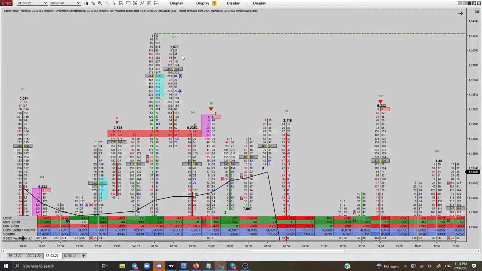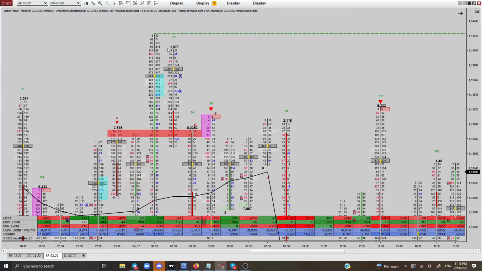These are all buyers. That means buyers 205, 84, 41, almost 350 contracts, almost 350 buy contracts.